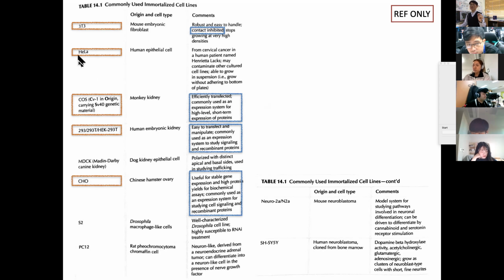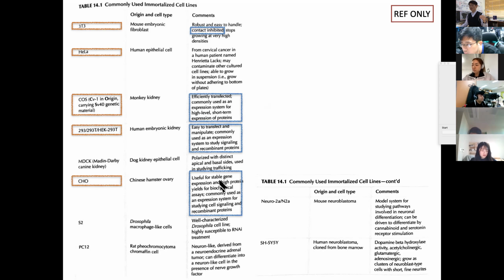HeLa cells, a famous cancer cell line from a cervical cancer. You probably hear COS cell line and HEK cell, 293 cell, and CHO cell. The original name is good to hear once, but the point of COS cell and HEK cell is that they are efficiently transfected, which means if I want to make a genetic modification, overexpressing some kind of genes or suppressing specific genes, people use these, okay?